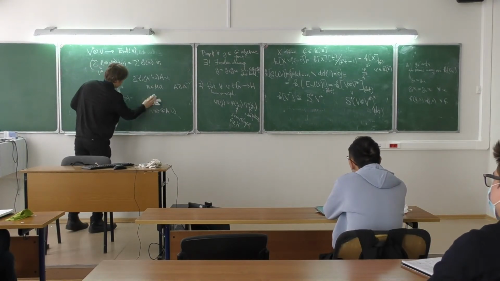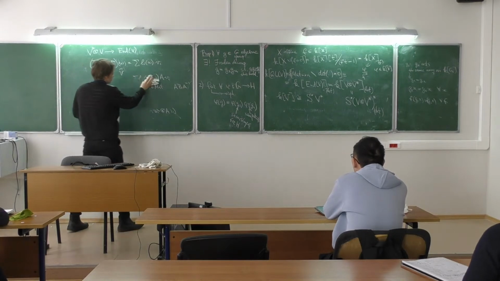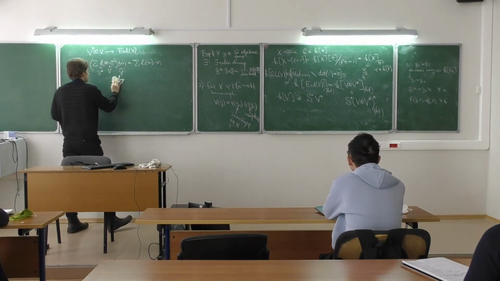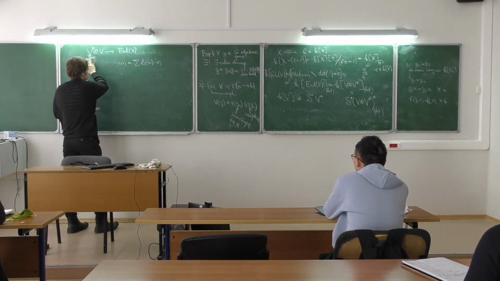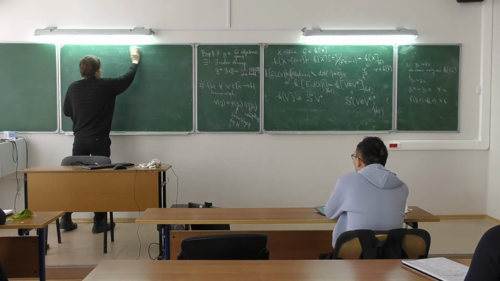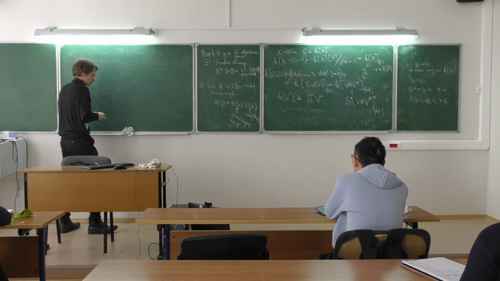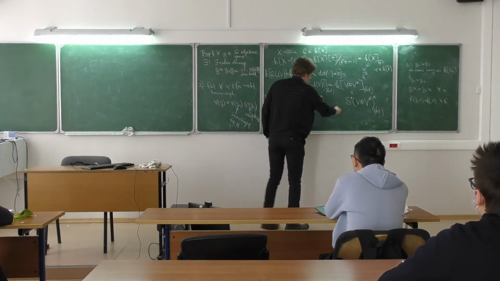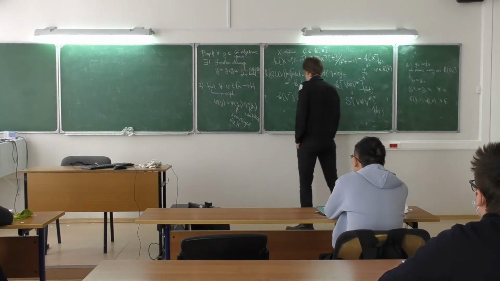And now I have to do the following. Now I have to understand what it means to have a semi-simple operator and what is a unipotent operator and how it is related with all of these operations.